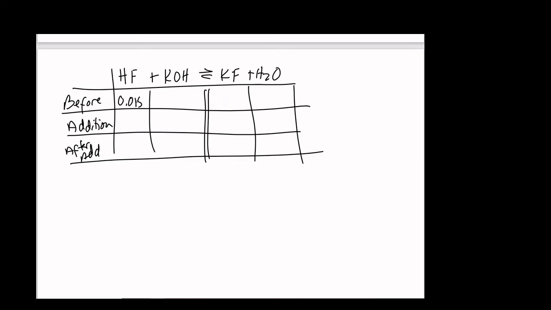So we're starting with this many moles. In this before addition and after addition table, we use moles, not molarity. All right, so we've got 0 of this and 0 of this when we're starting.